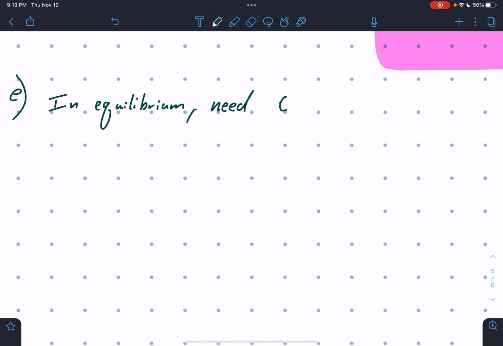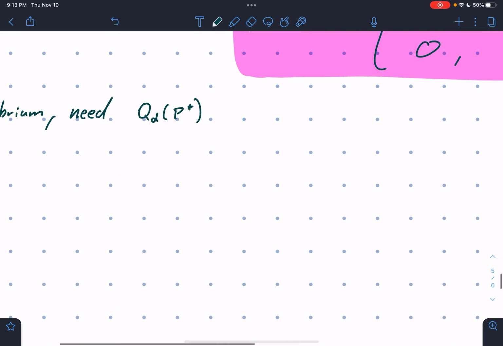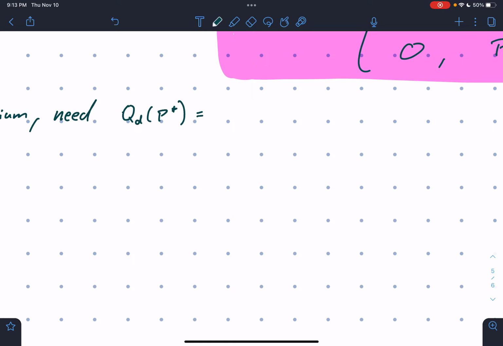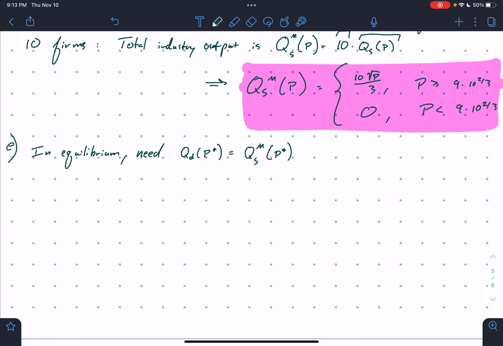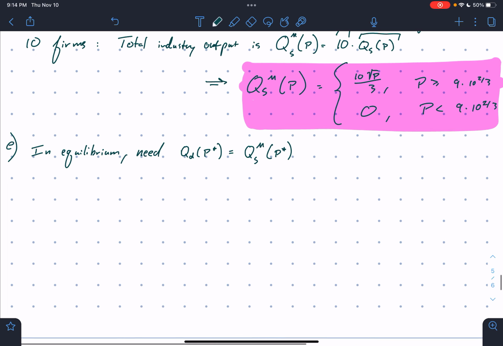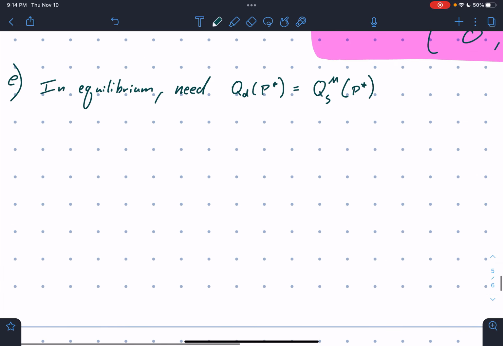So we need the quantity demanded at P star to equal the quantity supplied at the equilibrium price. Again, I'm just using this notation to refer to the quantity supplied in the entire market. Feel free to use whatever you want as long as you're consistent. Okay, so we're just going to solve for P star.